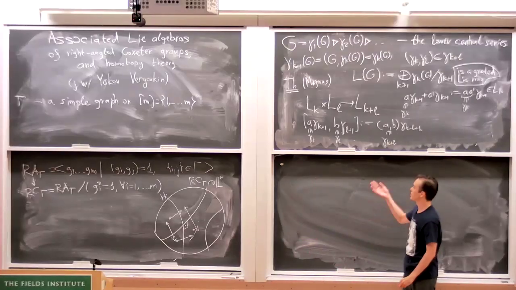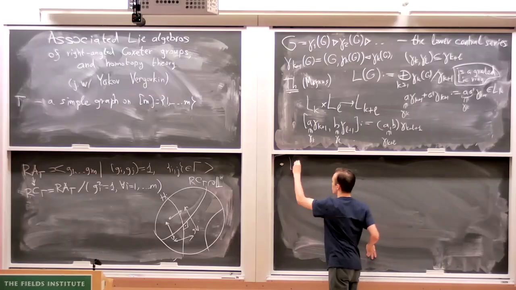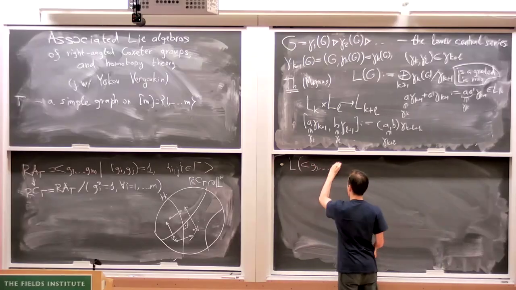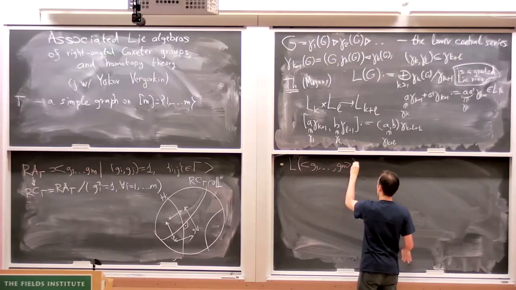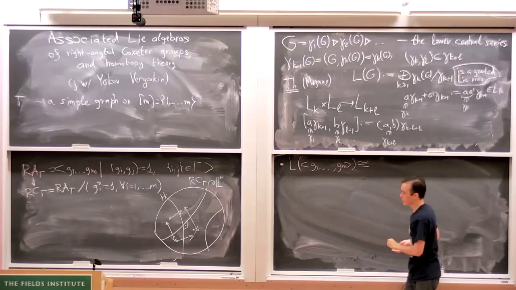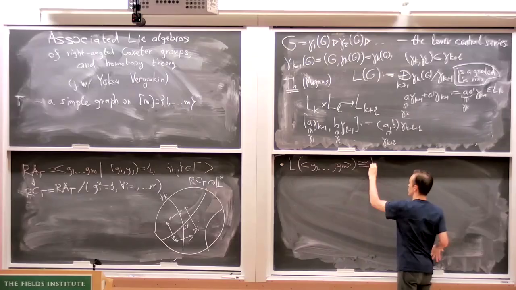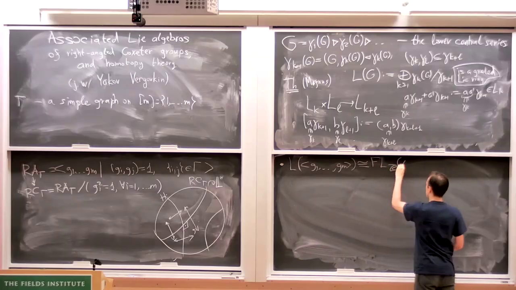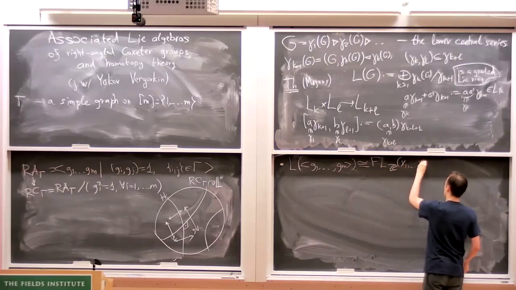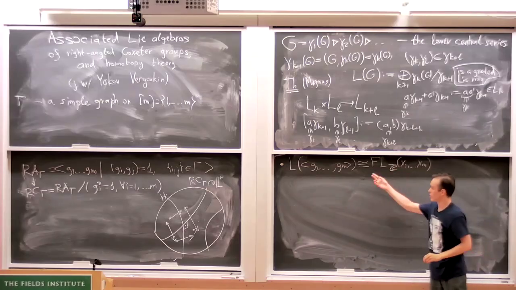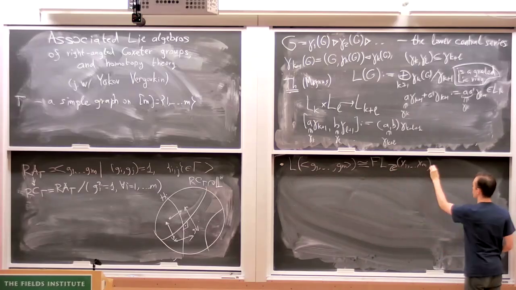Magnus himself proved that if you start with a free group on m generators, then you obtain the free Lie algebra, the free Lie ring over Z, where the generators of this Lie ring correspond to generators of this group.